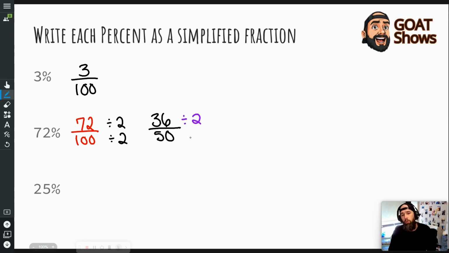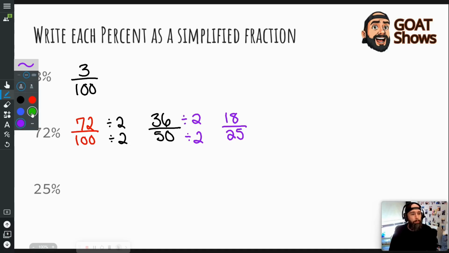Divide them by 2 again. 36 divided by 2 is 18. 50 divided by 2 is 25. Now with 18 and 25, you can't divide them anymore. We're done. This is now a simplified fraction. 72% is the same as 18 over 25, 18 25ths.